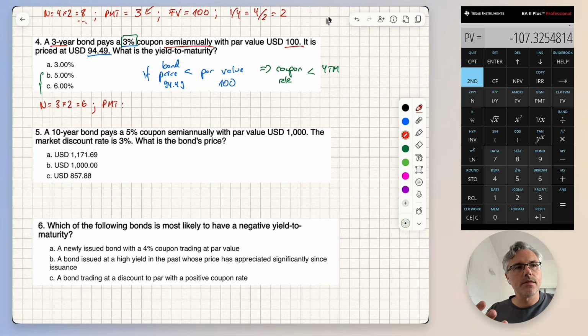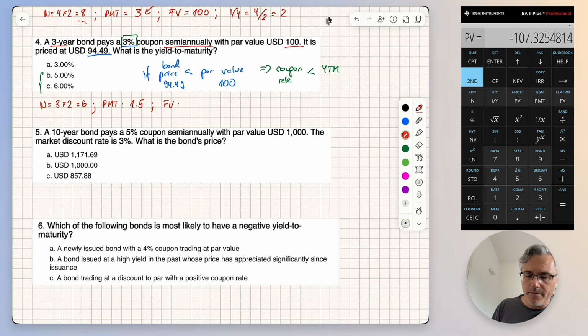The coupon rate is always stated per annum, so is the discount rate. But that 3% of 100, we need to divide by 2. So in the end, this comes down to 1.5. So this 1.5 is 3% of 100 divided by 2.